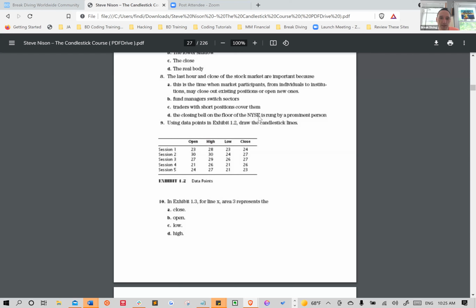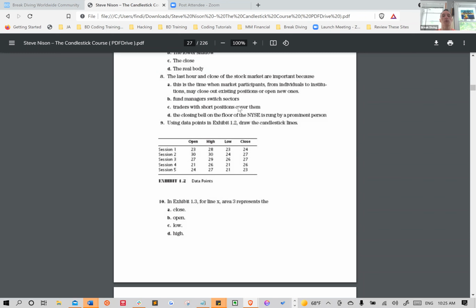The closing bell on the New York Stock Exchange is rung by a prominent person. So I guess it's C. But why would they have to cover them at the end of every day? Maybe if it's a one day time frame, a short position, so they sell short.